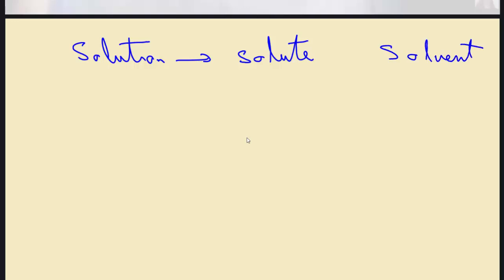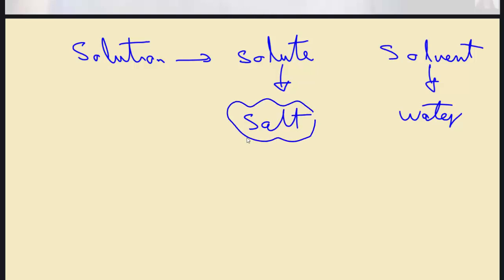Here, a solution, my dear student, means the relation between solute and solvent. Solute is the solid which is dissolved in the liquid, so the solvent is water and the solute is salt. We cannot see the molecules of salt with our naked eye, so it's a homogeneous mixture.